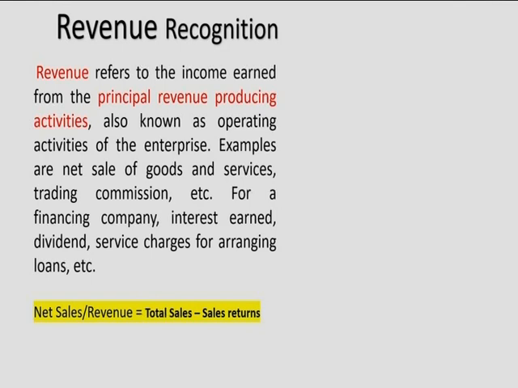Revenue refers to the income earned from the principal revenue producing activities, also known as operating activities, of the enterprise or business. Examples are the net sales of goods and services, trading commission, etc. For a financing company, it can be interest earned, dividend earned, or service charges for arranging loans.